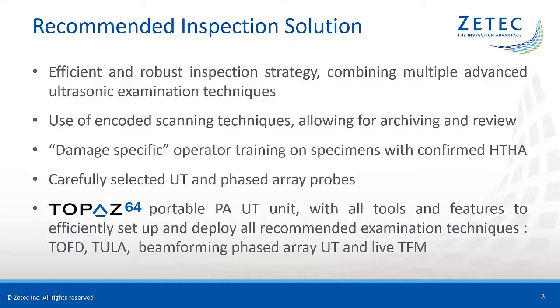There are significant benefits to using encoded scanning techniques, especially when the quality of the recorded data is verified during the inspection. Encoded scanning reduces the probability of missing certain areas of the component. Also, the archived data can be used for future review and comparison with new data from similar or other inspection techniques as the component ages.